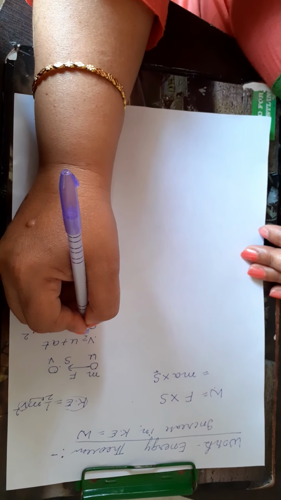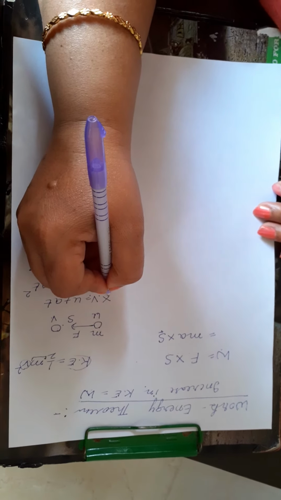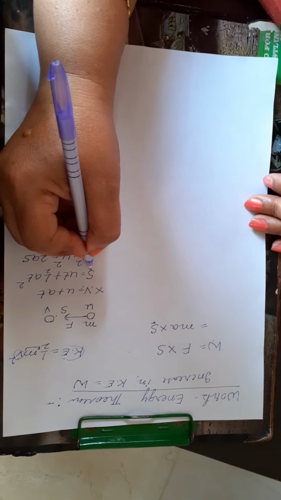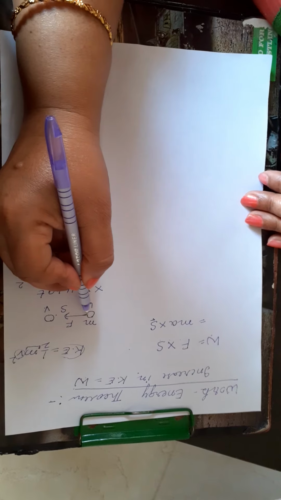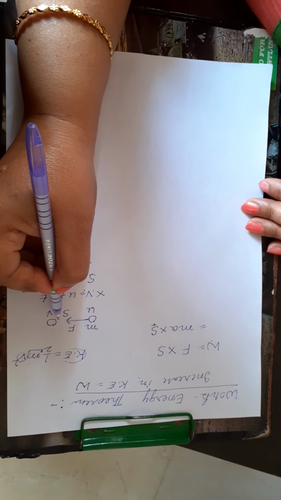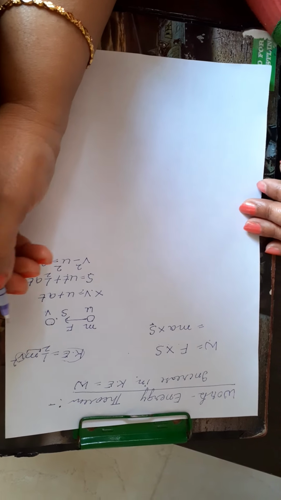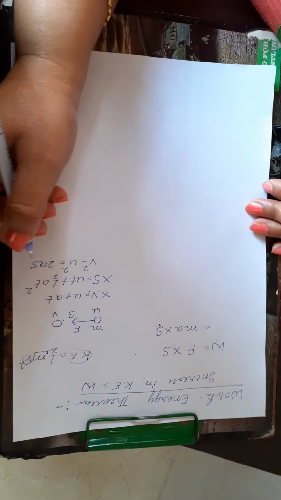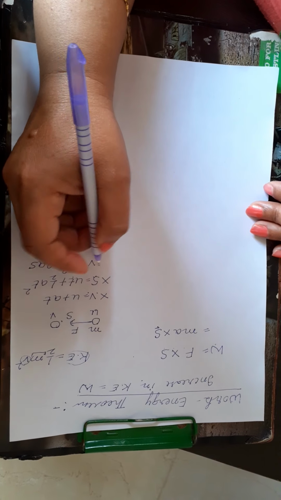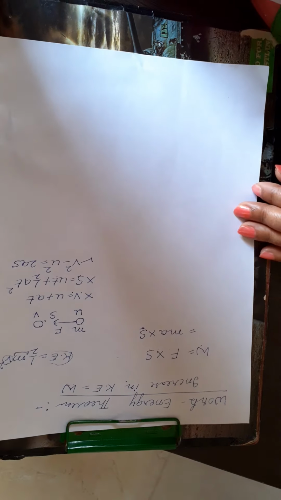Here s is not there, so we cannot use the first equation of motion. In the second equation of motion, s is there, but t is also there. Here we are not talking about the time in which the kinetic energy or velocity will increase. So we can't use the second equation of motion. So at last only the third equation of motion is left. So we will use the third equation of motion.